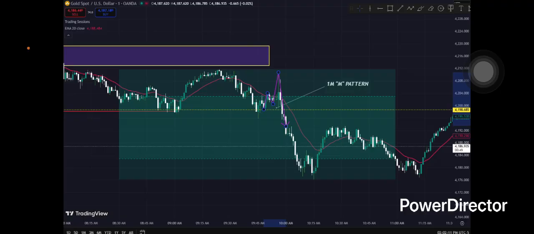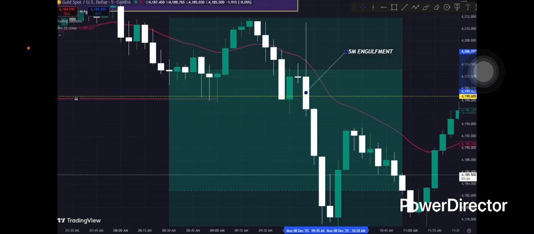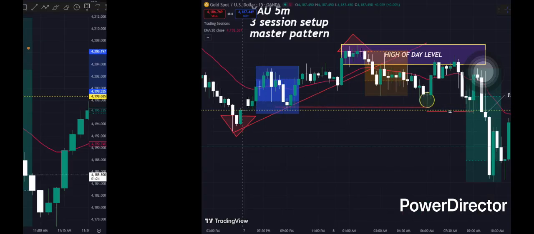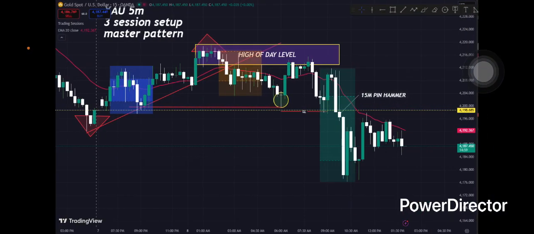So on the 1 minute, we may be looking for this micro M pattern, all right? But that same M pattern on a 5 minute time frame will be an engulfment, okay? So there's the engulfment. That same 5 minute engulfment is a 15-minute pin hammer.